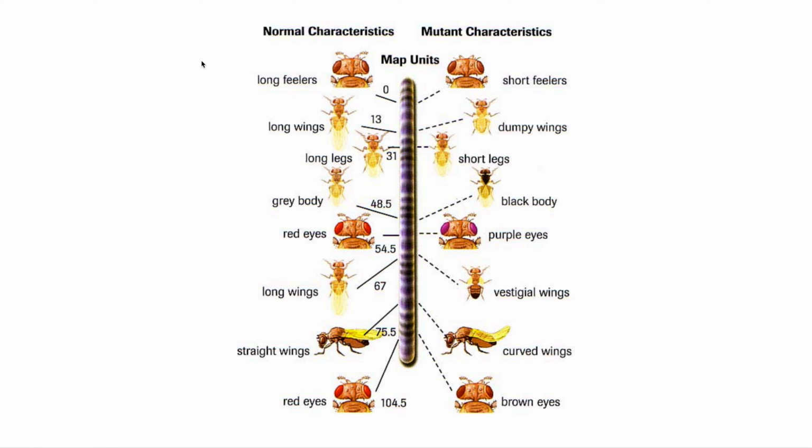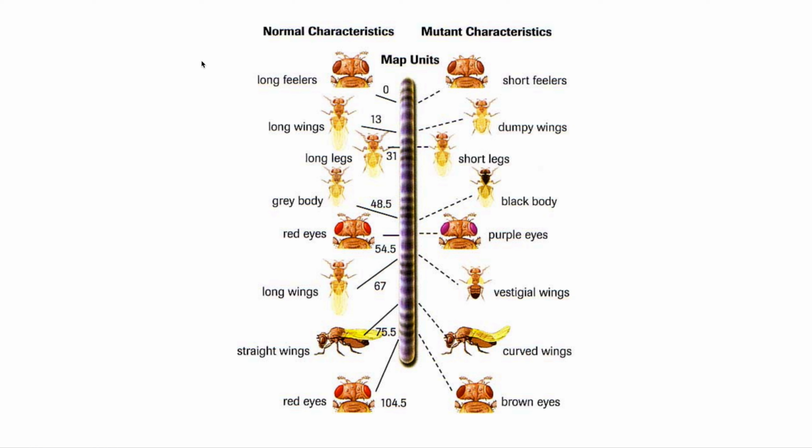So what does this mean? Well, that's how many map units there are apart from each other. Basically, because these two genes are on opposite ends of the chromosome, the chances of them crossing over are so high that it's practically a guarantee. Now, why can't we just say 100% for that? Well, the 104.5% keeps it relevant to other nearby traits.